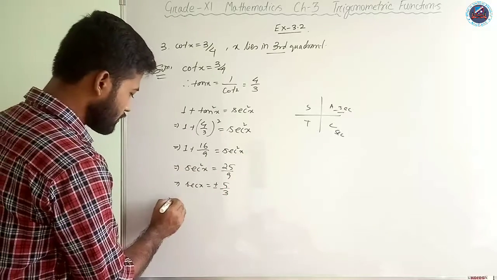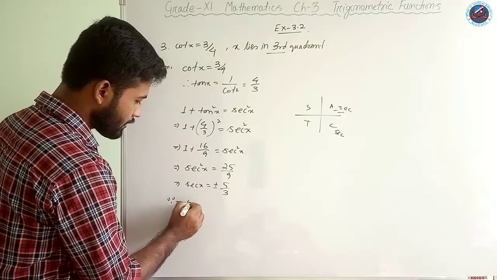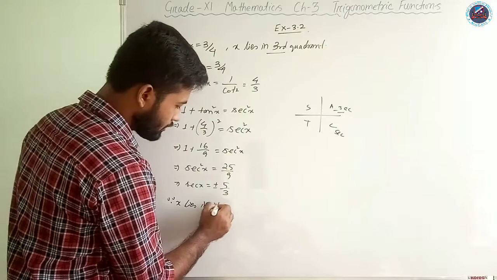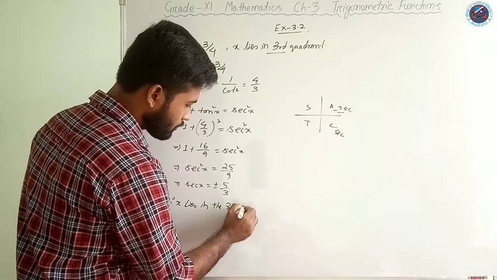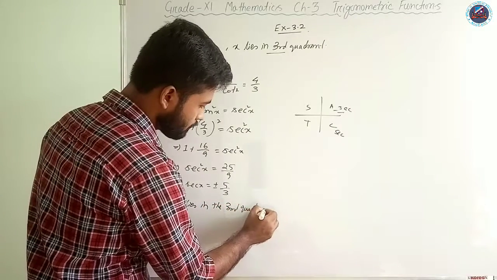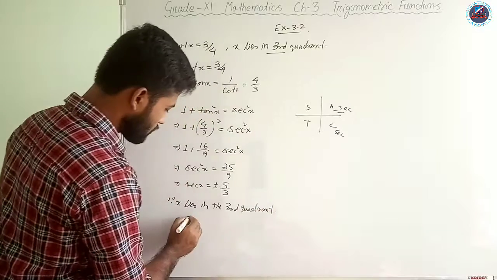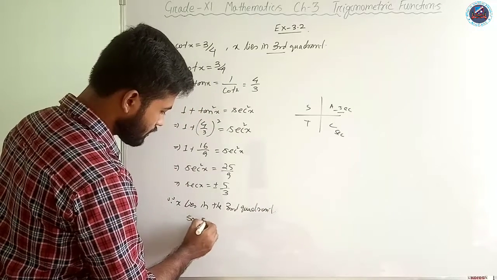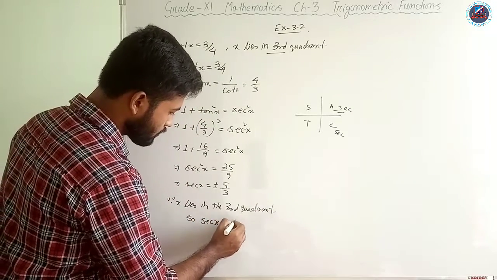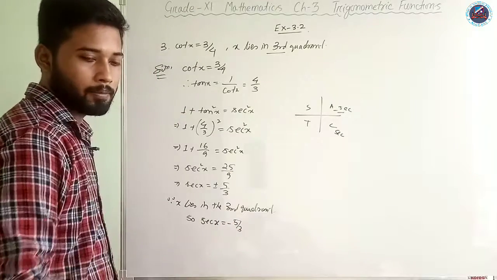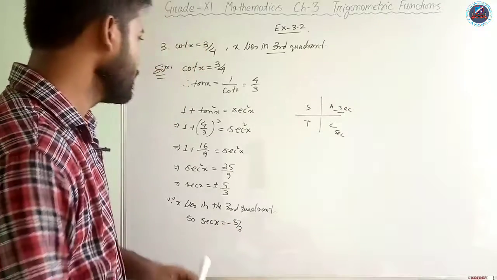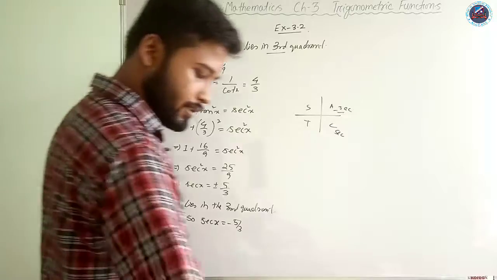So since x lies in the third quadrant, sec x is equal to minus 5/3. Okay, now let us see.